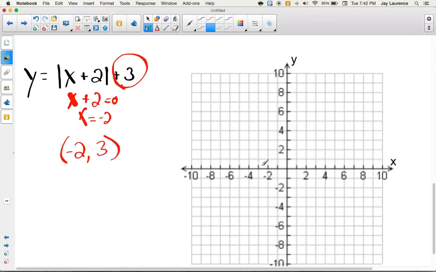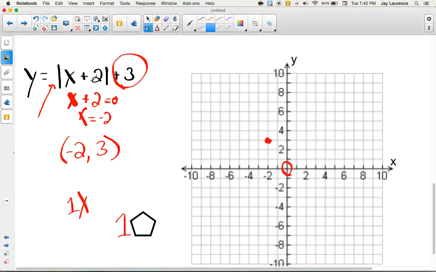So I'm going to go 2 to the left, and then up 1, 2, 3 right there. There we go. Now my slope is sitting right here. How many x's do you see right here? I see 1x.